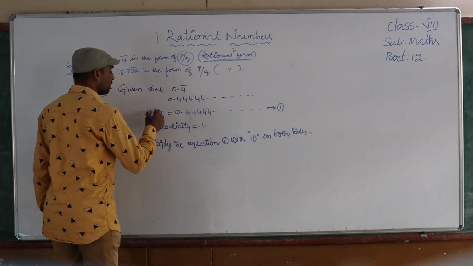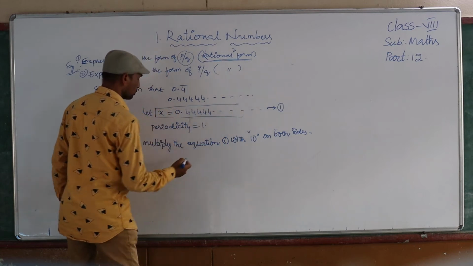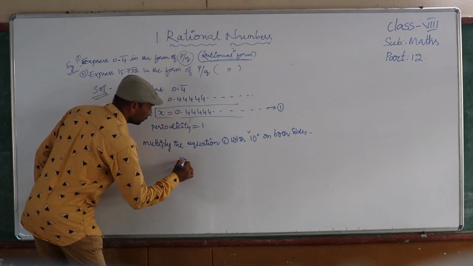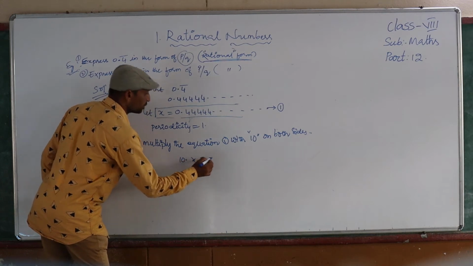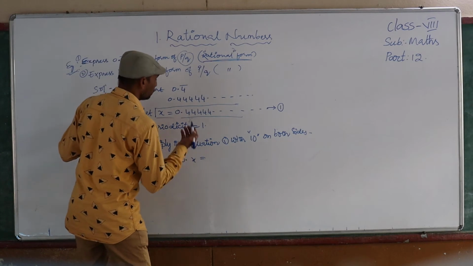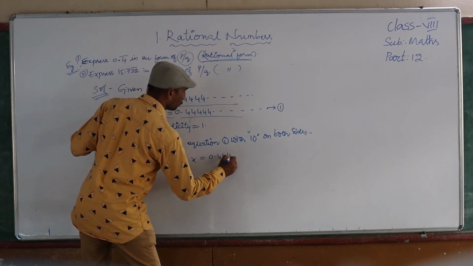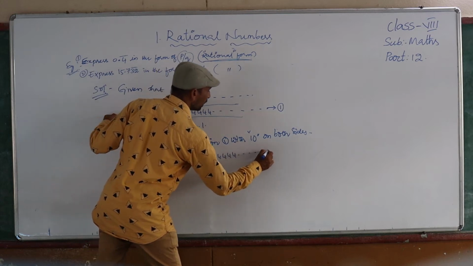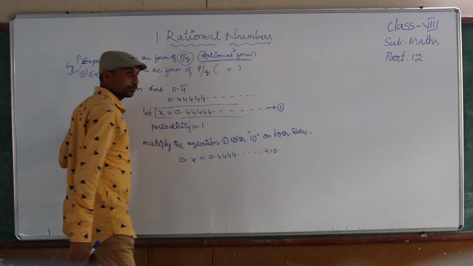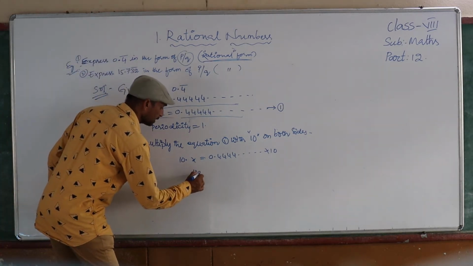So 10 into x, on the left side and the right side: 10 into x, and 0.4444 and so on into 10. So 10 into x is 10x.